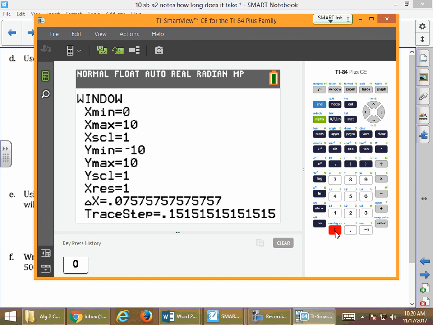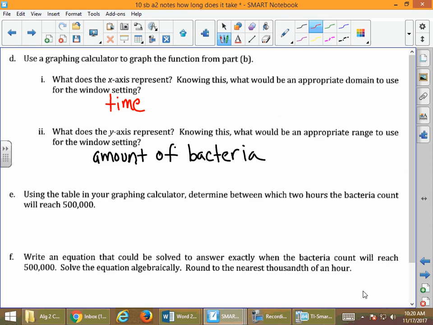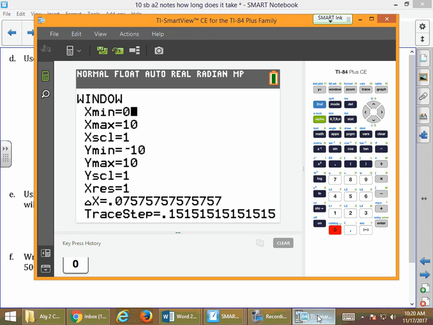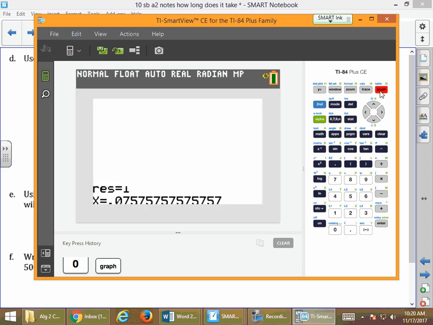So I'm going to leave it as 0 for our x-min, 10 for our max, and our scale of 1. Because it says what would be the appropriate domain to use. 0, 10, 1. Now the thing about using it is, now that I've changed it, look what happens.